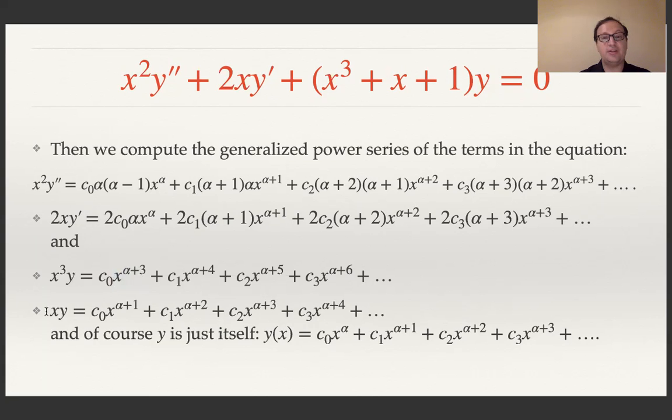We take the power series of y, which is written here, and we multiply every power of x by another x. So instead of x to the alpha, we'll have x to the alpha plus 1. Instead of x to the alpha plus 1, we'll have x to the alpha plus 2, and so on. All right, so this gives us the power series of xy. And finally, there's also a term of y in the equation. That's given by the original generalized power series.